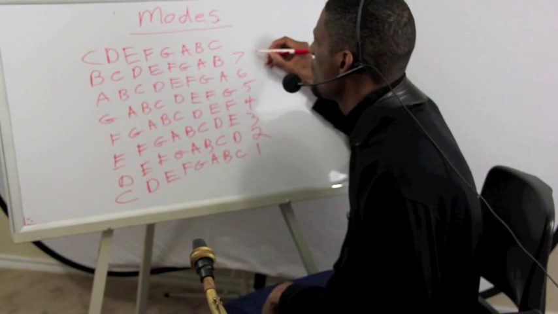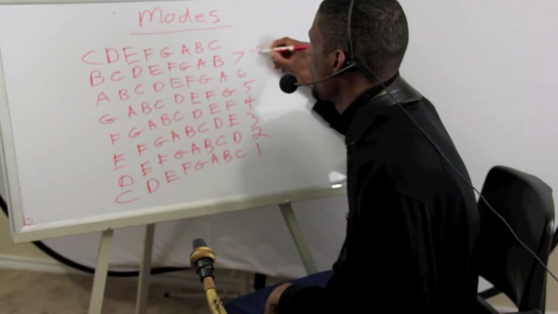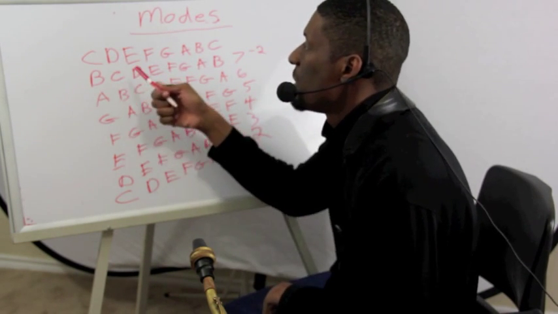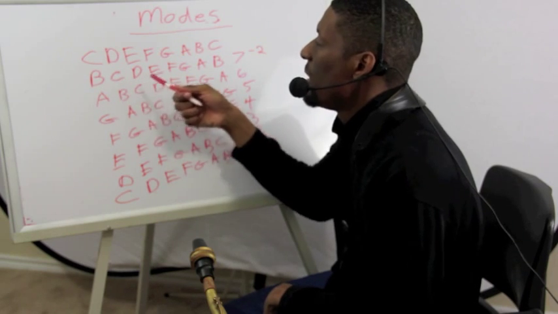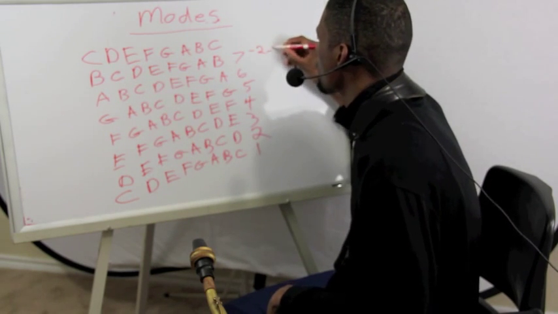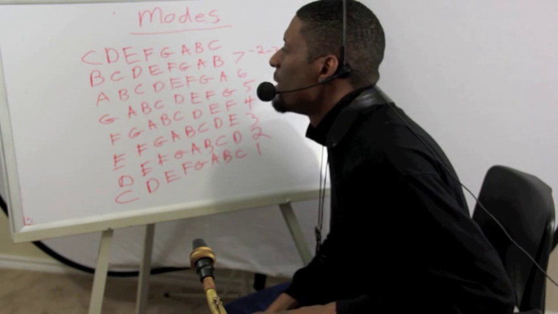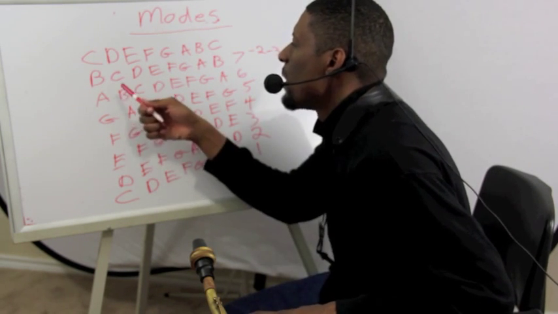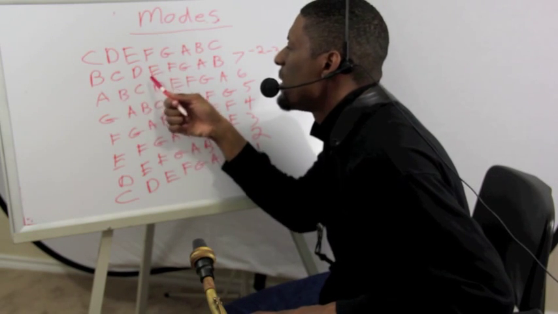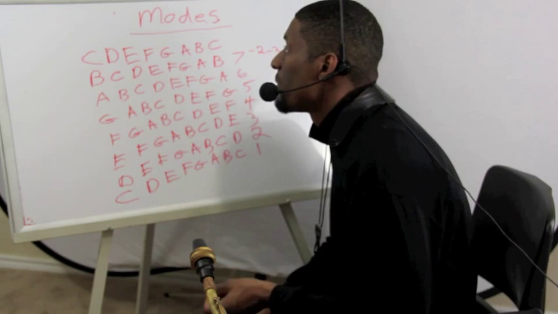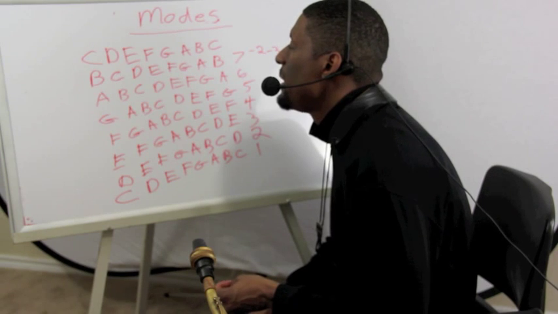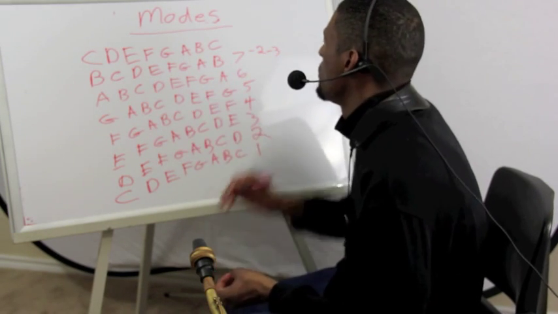Okay, so let's say a minor second. Then the distance between the B and the D is a minor third. Then we got the B and the E, which is a fourth. That's fine. Then the B and the F, which is a tritone.